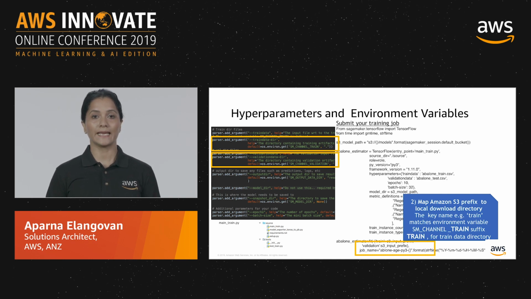You can call this by any name, say ABC, then the dictionary key name would be ABC, and you would refer to it by using the environment variable sm_channel_abc. One thing to note here is that the data is automatically downloaded for you from the S3 location that you specify and is placed in the local file system in the path pointed to by the environment variable prefixed with sm_channel_.